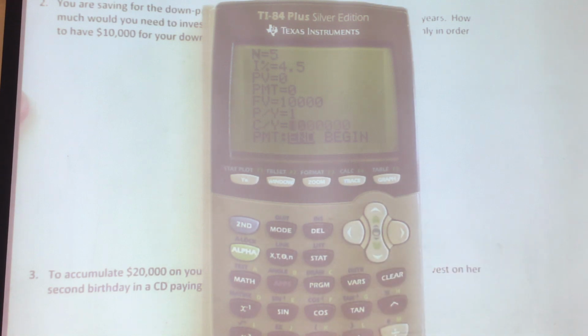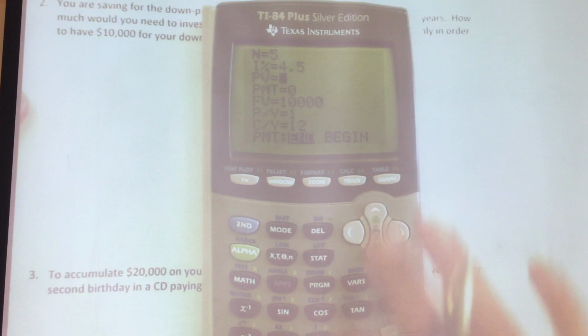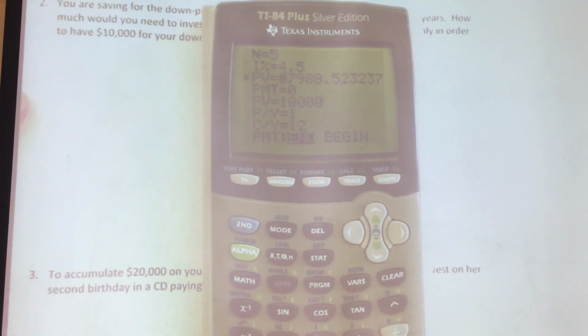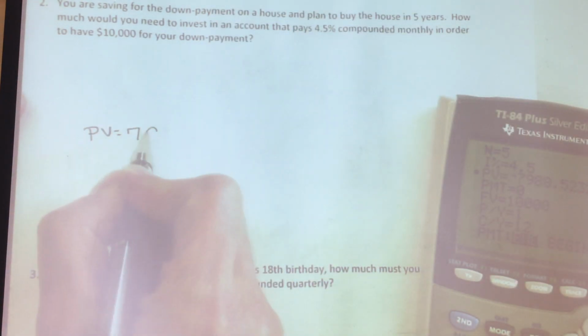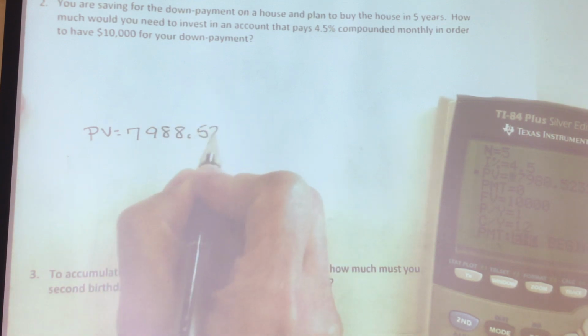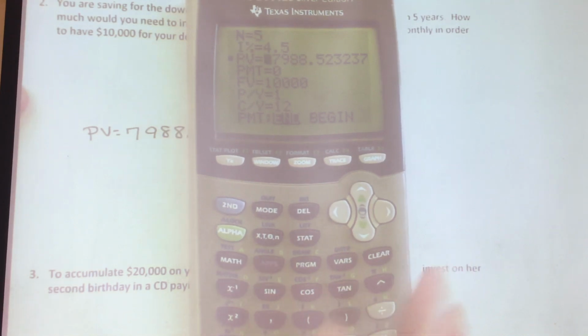And compounded monthly, C/Y is 12. So alpha, enter for your PV, and there your present value is $7,988.52. And again, those are all your numbers for number 2.